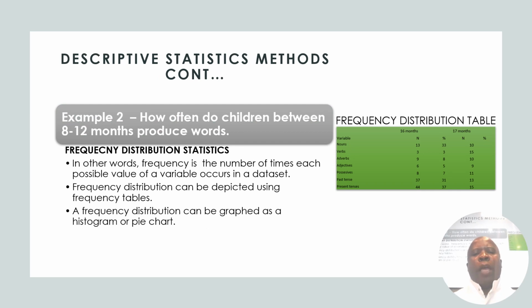Then also in descriptive statistics, we make use of frequency numbers or frequency distribution statistics. This is statistics that is very common, especially for the people on the qualitative side of research.